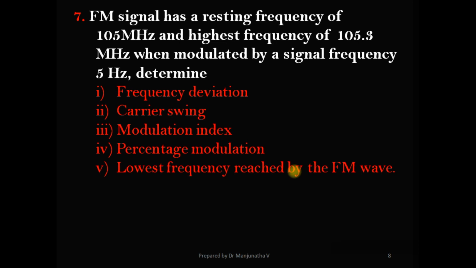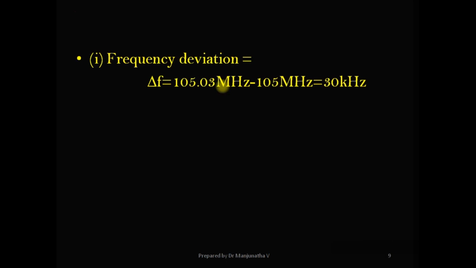First we have to write the resting frequency, which can be represented by F0 or Fc. The highest frequency of this one is the maximum frequency. The frequency deviation delta F is the highest frequency minus resting frequency, that is 0.03 megahertz or 30 kilohertz.